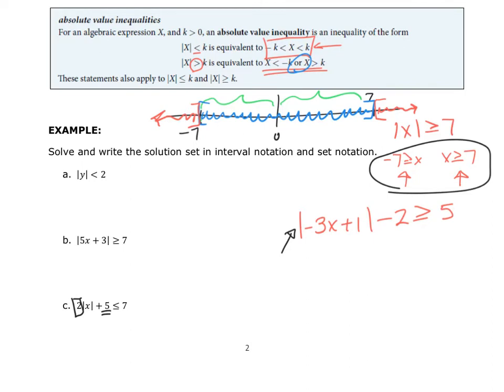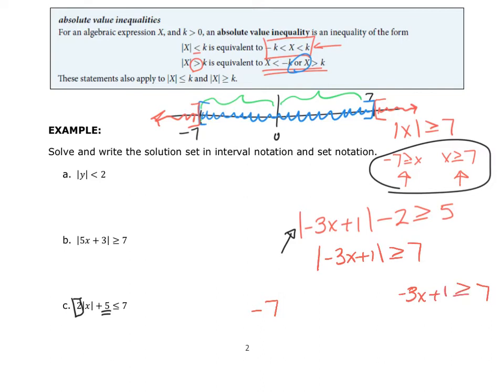So I'm going to move the 2 to the other side, so I have the absolute value of -3x plus 1 is greater than or equal to 7. And once I have done that, then I can go ahead and break it apart. Just like I did before, I have a -7 and the 7. I know that -3x plus 1 has to be greater than or equal to it.